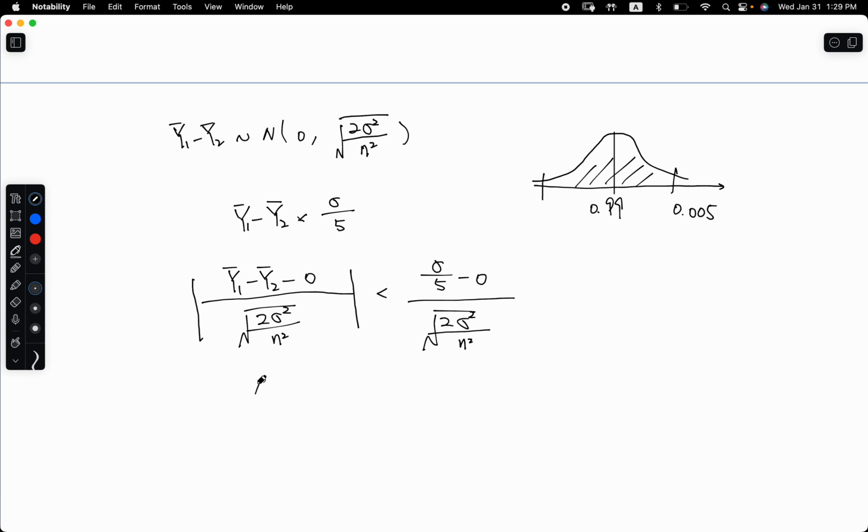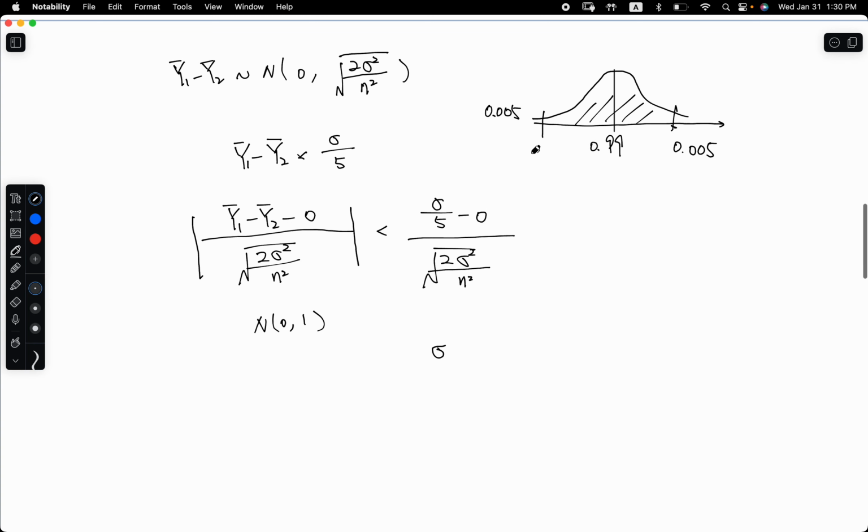After you standardize it, this thing follows a standard normal distribution. And then you just need to find the quantile for 0.005 because we also have a 0.005 on this side. And to find the quantile here, and then set the right hand side. You can use either the left hand side or the right hand side. So here we're just going to use the right hand side, but you need to find the quantile of that.